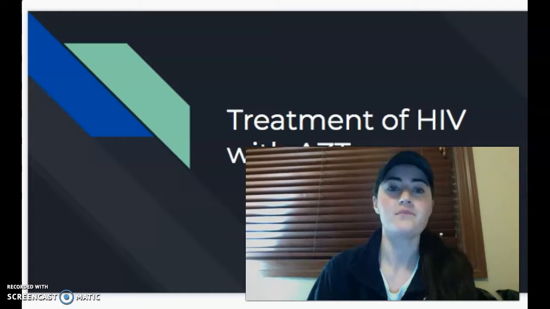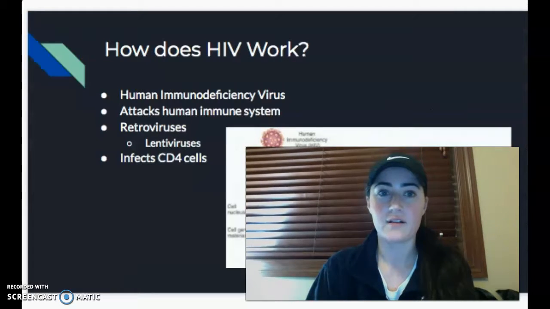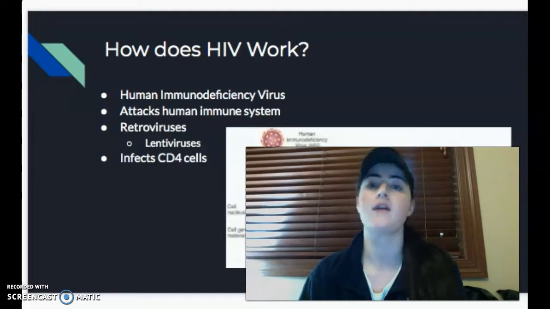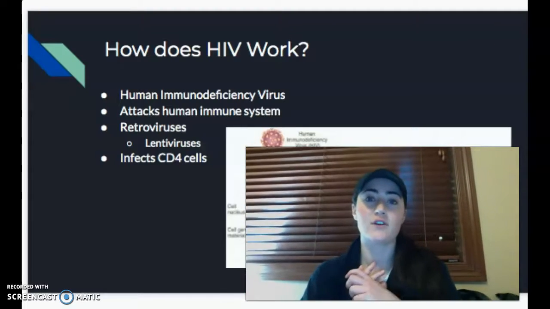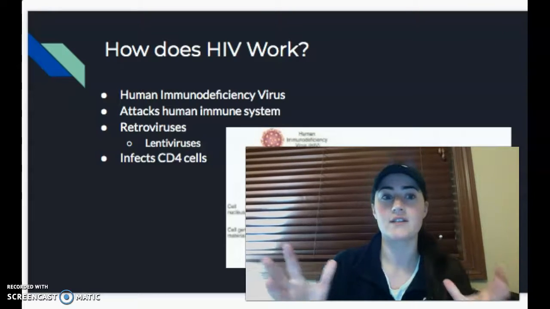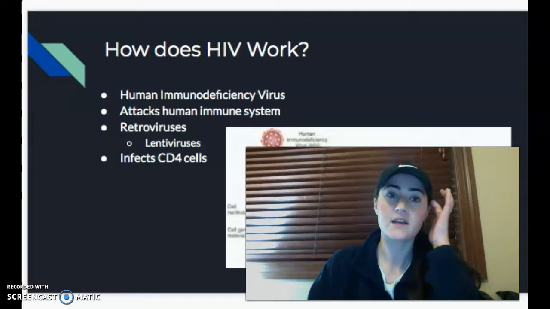So, I am going to start off with just talking a little bit about what HIV is and how it manifests in the body. HIV stands for Human Immunodeficiency Virus, and how it works is it actually attacks the human immune system, and so that's how it manifests.